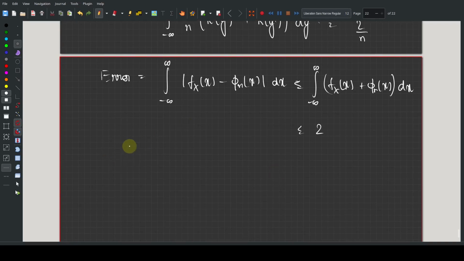So what this also means is that the expected value of the error is at most 2. Correct? So let's say I want to find the probability that the error is greater than or equal to the expected value of the error times 1 plus delta.